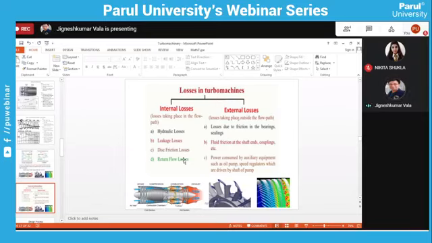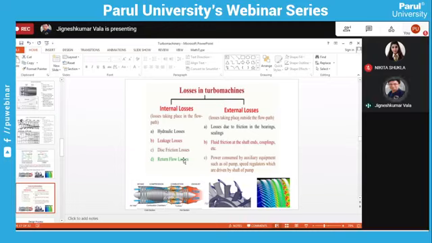We can say that there are two different types of loss, as I told you: the internal loss, or the losses taking place in the flow path, and the external loss, or the losses taking place outside the flow path. First, quickly the classification of internal loss, the losses taking place in the flow path: the hydraulic loss, the leakage loss, the disc friction loss, and the return flow loss.